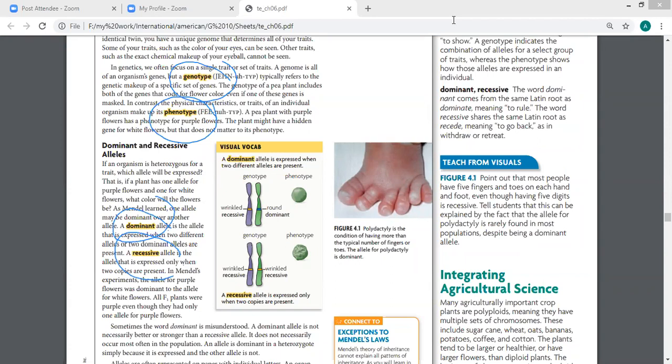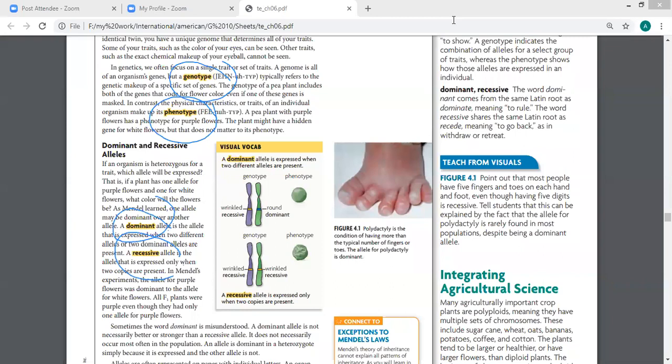So human beings have different dominant traits, like curly hair, the presence of cheek dimples, no freckles, and the ability to roll your tongue, which is dominant, and different traits.